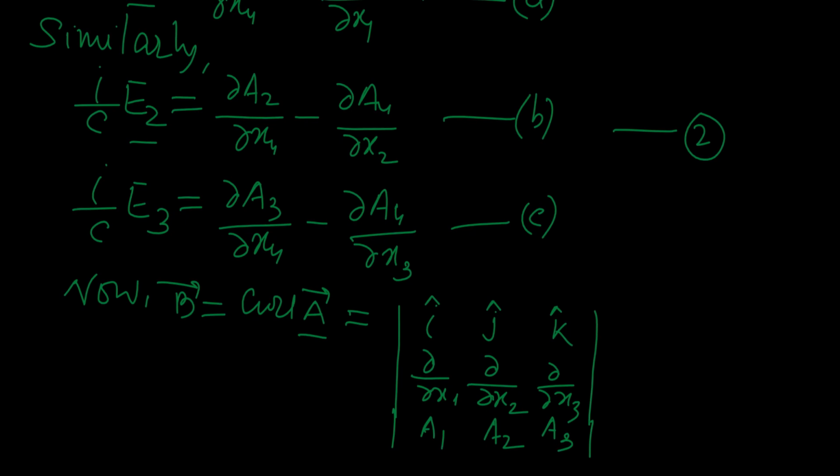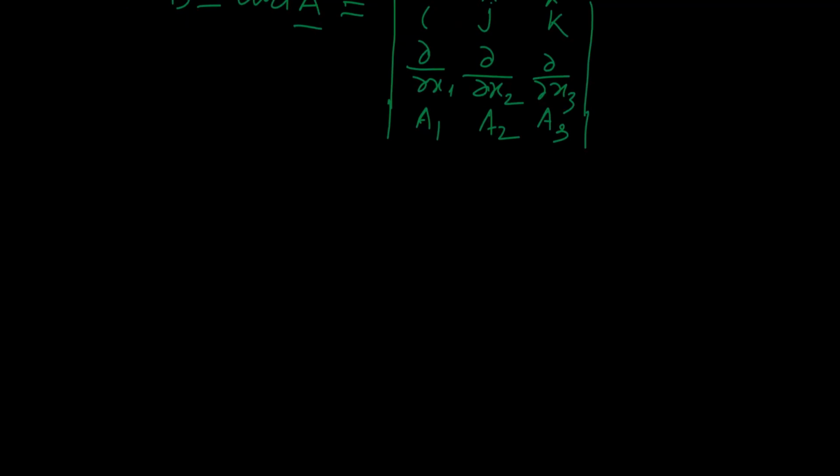This is just a simple determinant. You may simplify it. What will be our result? Our result will be del A3 by del x2 minus del A2 by del x3, times i.